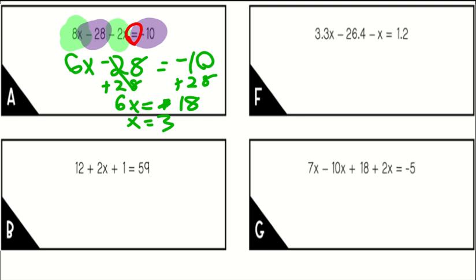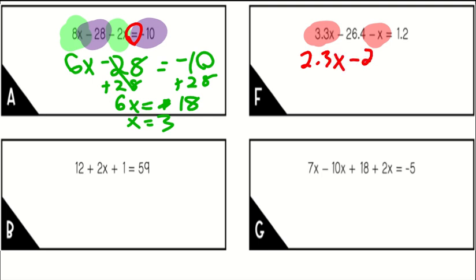All right, so I'll do F also then. So I got x's that I can combine. I got 3.3x and a minus x. Remember, minus x is the same as saying what? Minus 1x. Okay, so 3.3 minus 1 gives me 2.3x.